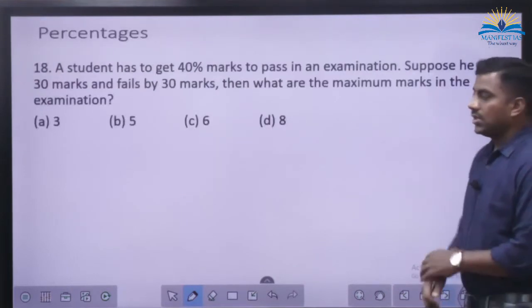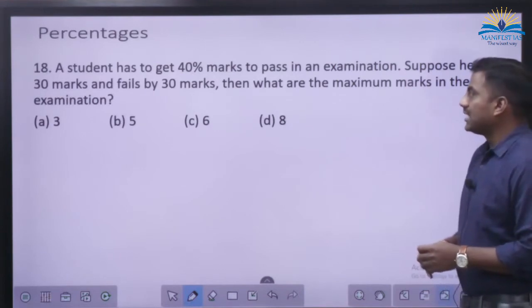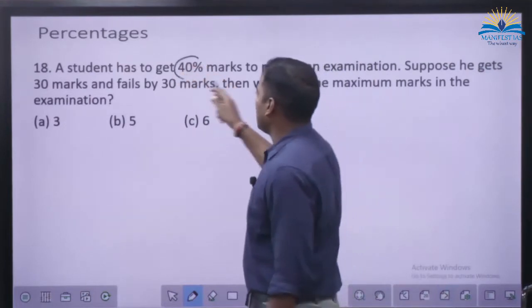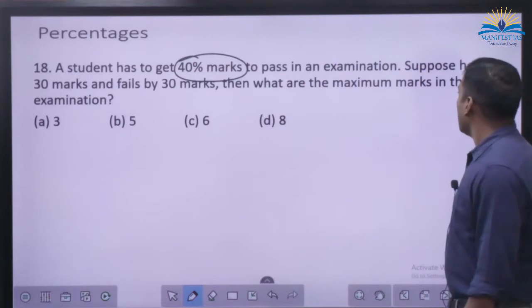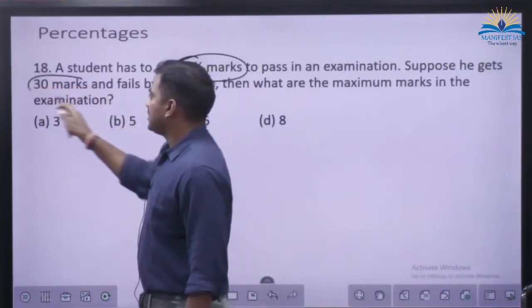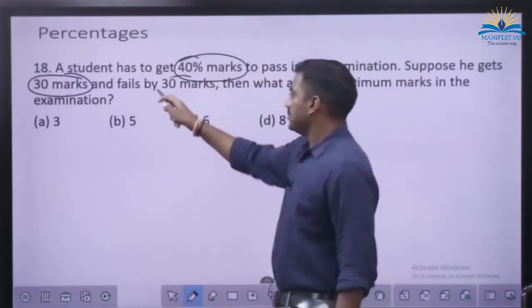Next, a student has to get 40% marks to pass in an examination. Suppose he gets 30 marks and fails by 30 marks.